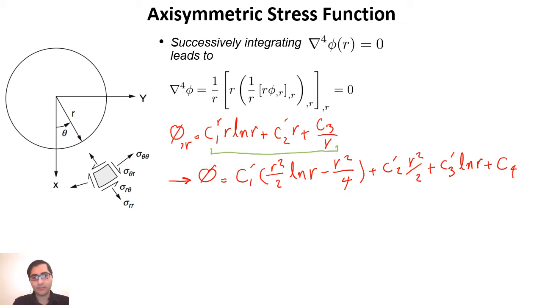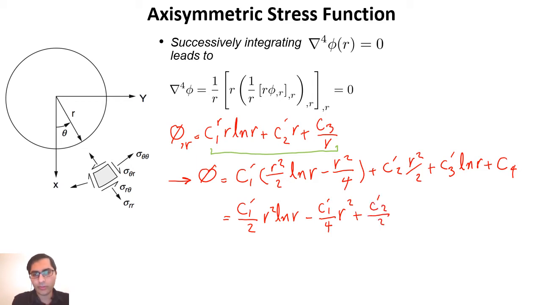Again, the same as before, it is like c1 prime divided by 2 r squared ln of r minus c1 prime divided by 4 r to the power of 2 plus c2 prime divided by 2 r to the power of 2 plus c3 prime ln of r plus c4.